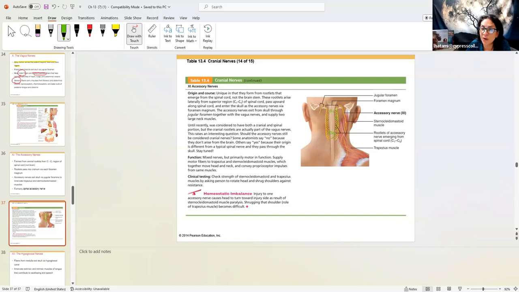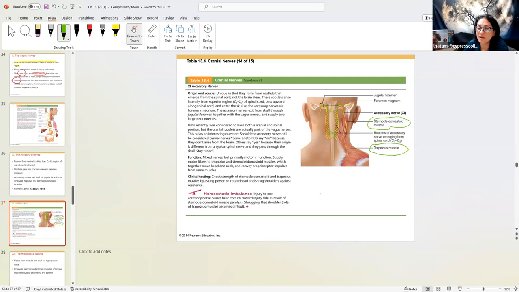Look at this, how the accessory nerve goes into the skull by passing through the foramen magnum. It goes inside, and then goes to the muscles related to neck and head movement, like the sternocleidomastoid muscle, and another one, the trapezius muscle.